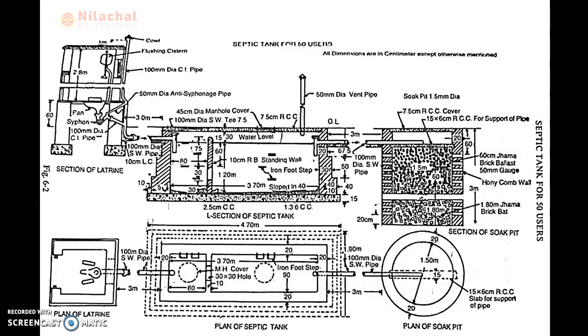From the latrine one pipe is connected, which is called a 15 mm dia anti-siphonage pipe, connected to the 100 mm dia SW pipe of the septic tank, and the septic tank is also connected with the soak pit by a 100 mm dia SW pipe.